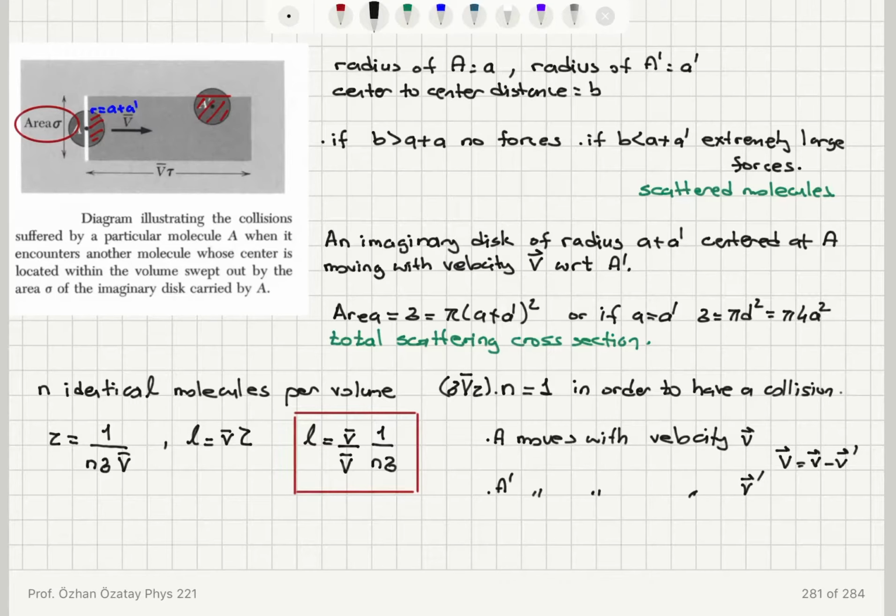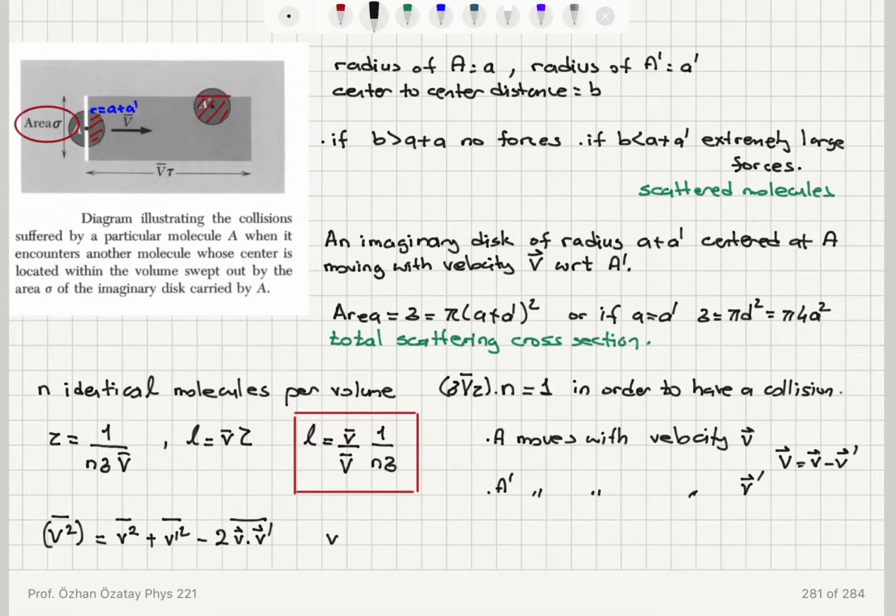That's our Galilean transformation, basically. And if you look at the average value of V squared, this will be equal to v squared bar plus v prime squared bar minus twice the dot product between v and v prime, averaged.